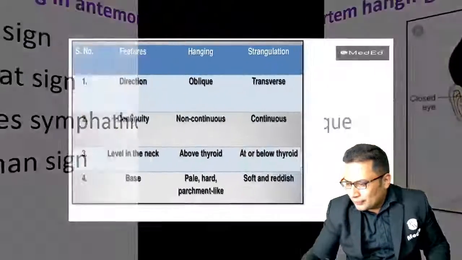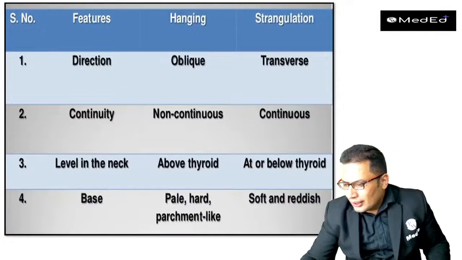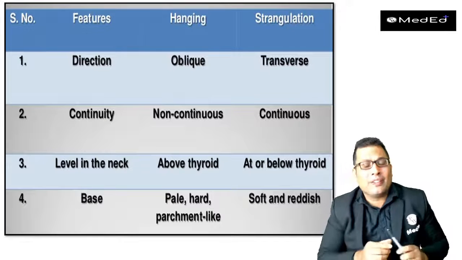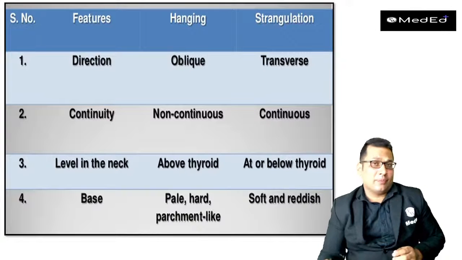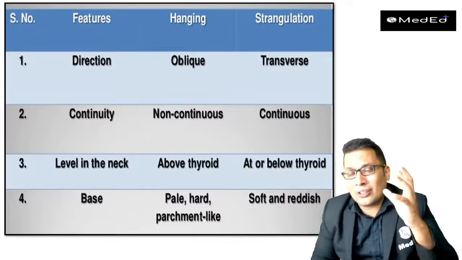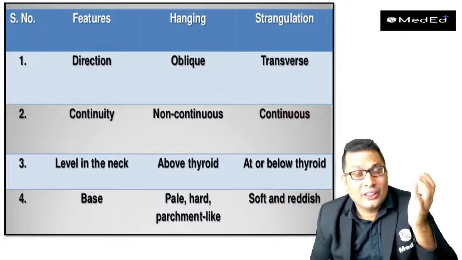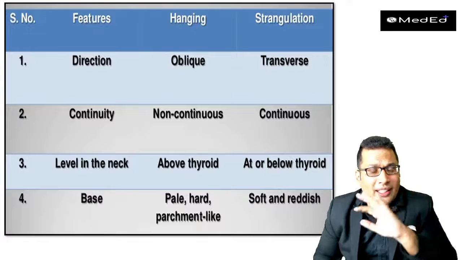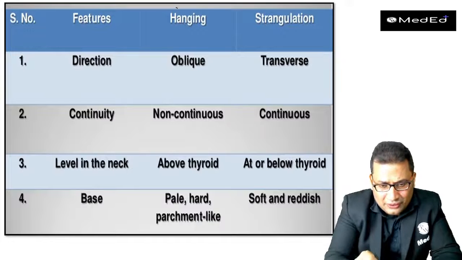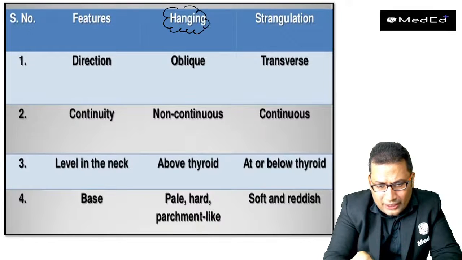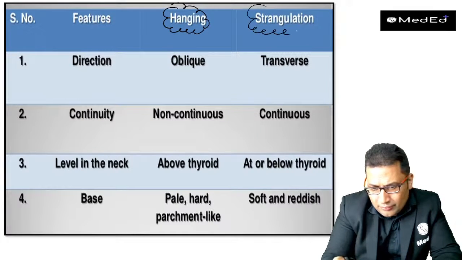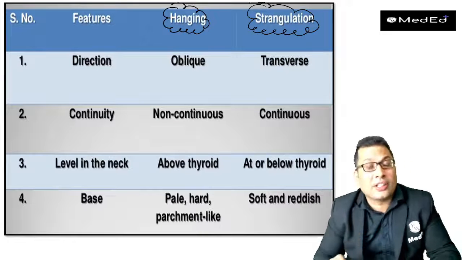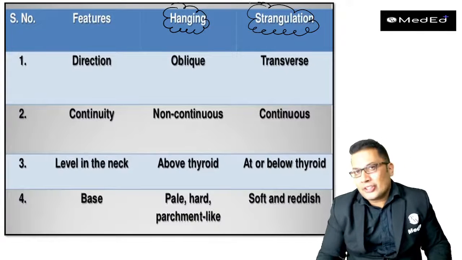One more important topic: the difference between hanging and strangulation, the appearance of the ligature in case of hanging and in case of strangulation. This is a very commonly asked topic. Strangulation here means ligature strangulation.